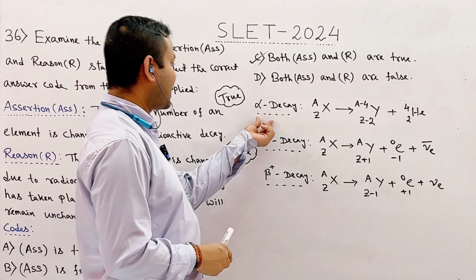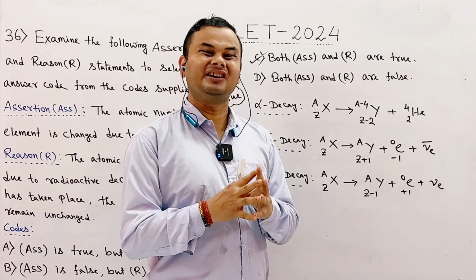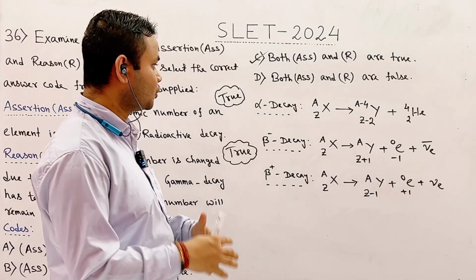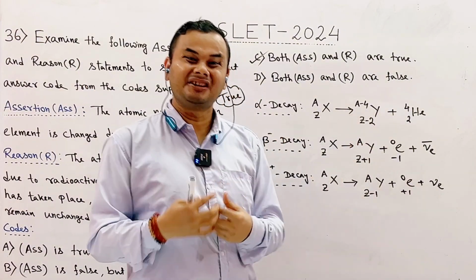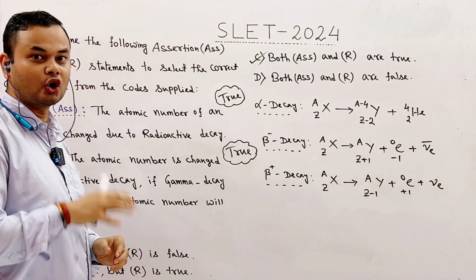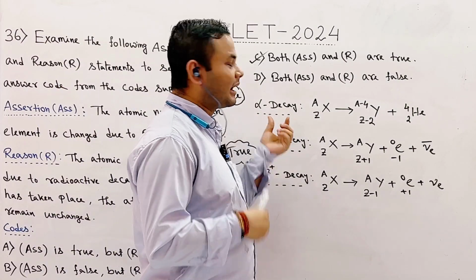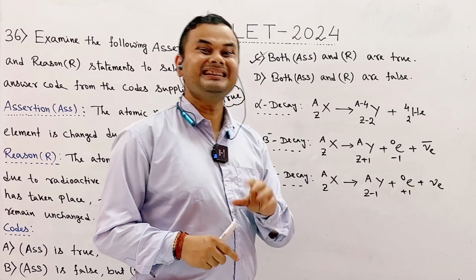Students, after alpha decay or beta decay, the product nucleus or the daughter nucleus can lie in any one of the excited states. So, to achieve stability, this daughter nucleus emits a gamma photon, and this is known as gamma decay or gamma radiation. In case of gamma decay, the atomic number of the product nucleus remains unchanged.